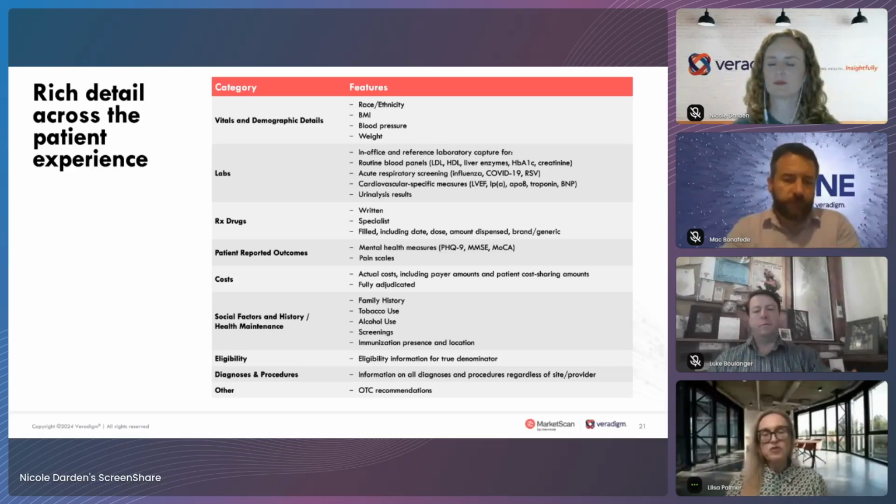It means that for individuals who were in the data and did get some lab results generated, their lab result experience is now enriched from additional lab results coming from the Veradigm side. And it means net new patients.